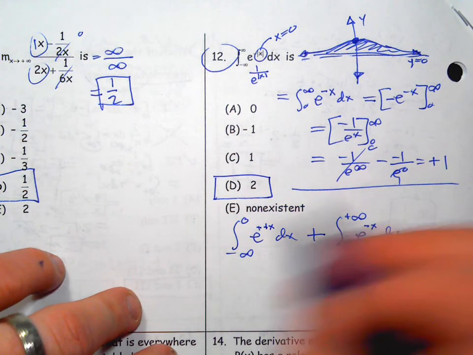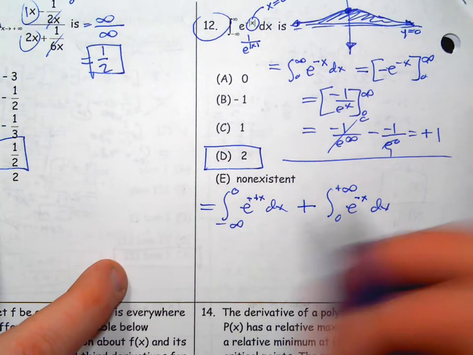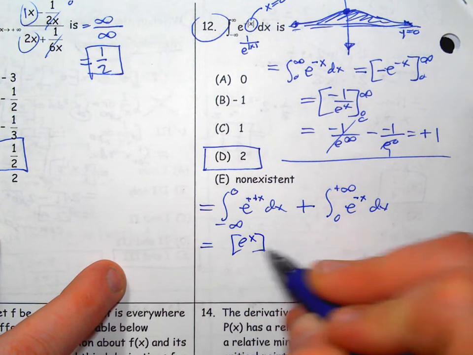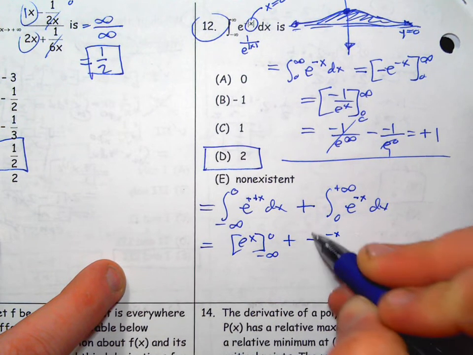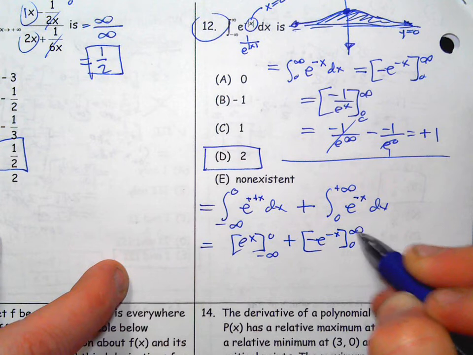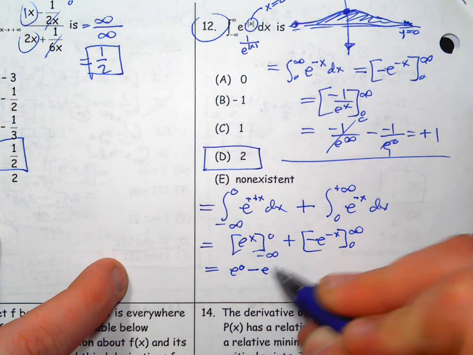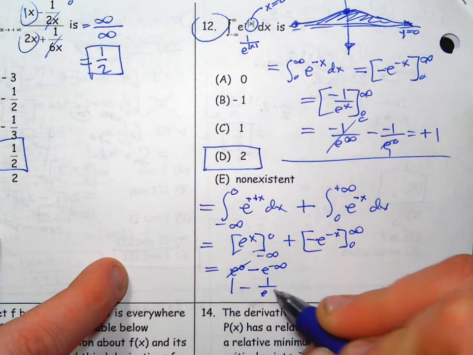So this is the way you would do it, kind of using techniques from Calc AB. But you then have to integrate this, right? And then you have to do, all right, e to the 0 minus e to the negative infinity, which is 1 minus 1 over e to the infinity, which is 0.